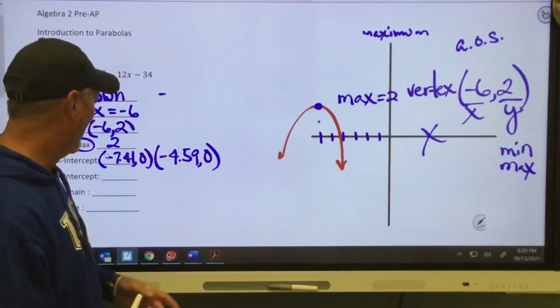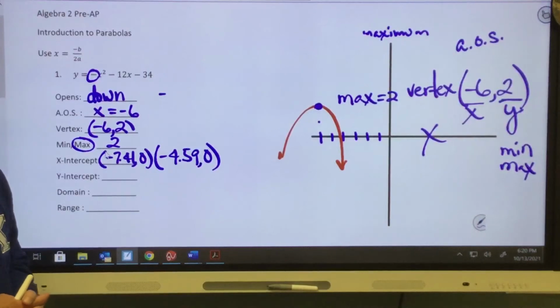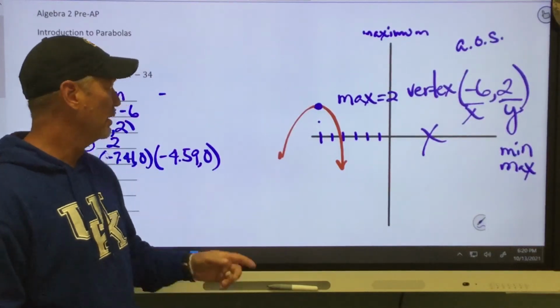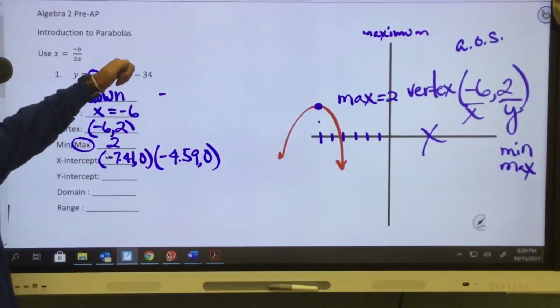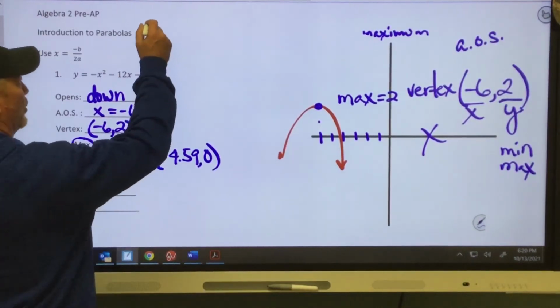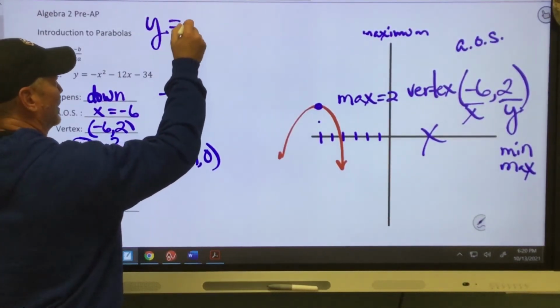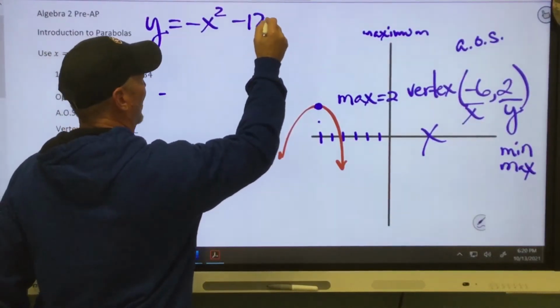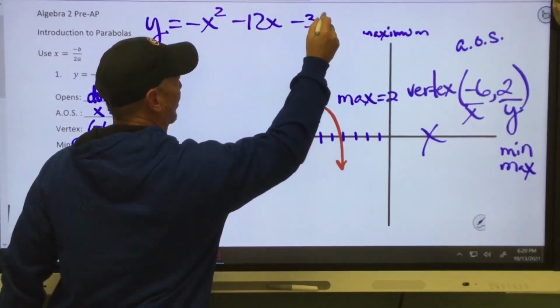Now, how do you find the Y-intercept? Finding the Y-intercept is probably one of the easiest things we can do, especially in what we call standard form. y equals -x squared minus 12x minus 34.